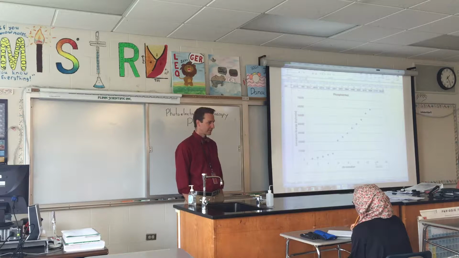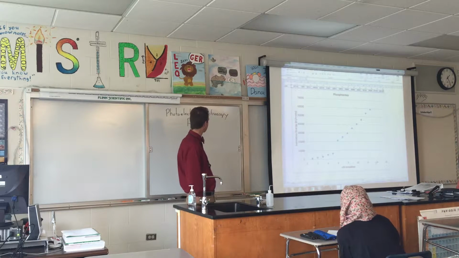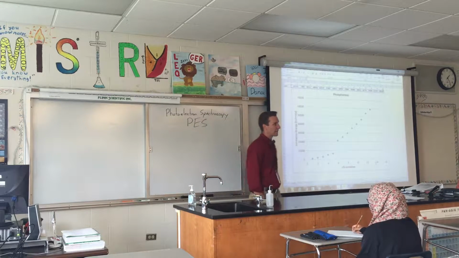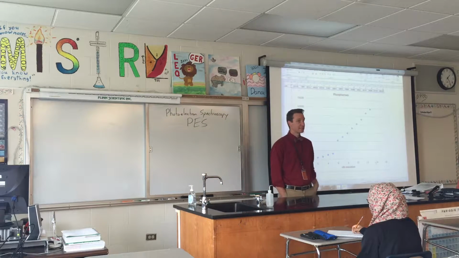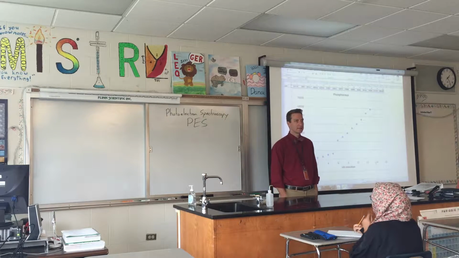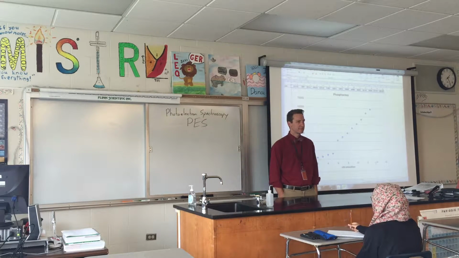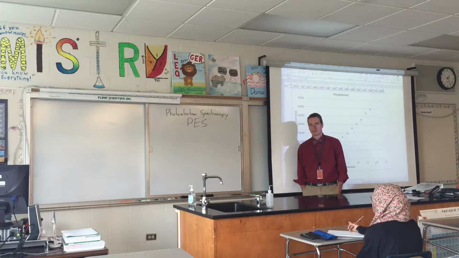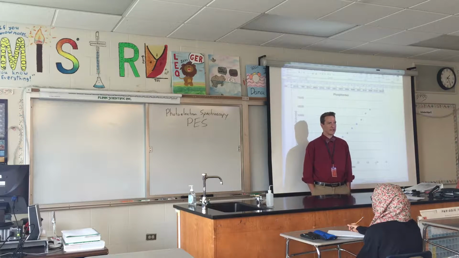Spec is like vision. Spectrum is like the rainbow, all the colors of the light. And scopy, it's like some sort of collection or study of data. Like when you go to the doctor, there's a bunch of different, orthoscopics.